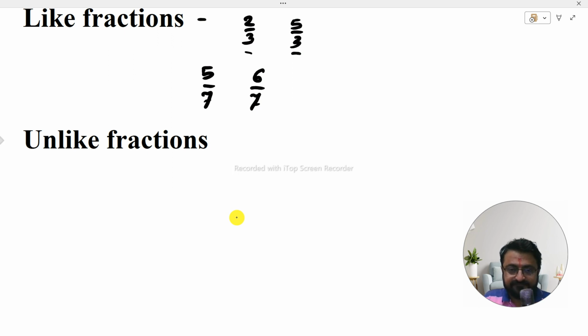For example, here I can write 3 by 5, and you can write any other, like 10 upon 11. Now you can see here the first denominator is 5 and the second denominator is 11. So these types of fractions are called unlike fractions.